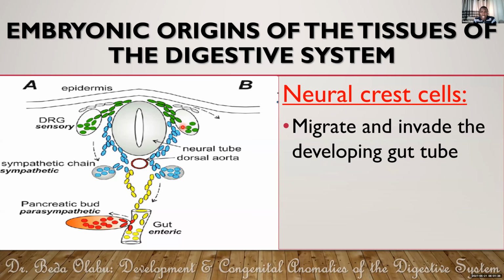This migration and invasion process is organized. Usually, it is from the cranial sides of the gut towards the caudal parts of the gut, which means you are assuming the migration would be moving from the esophageal end towards the rectal end.